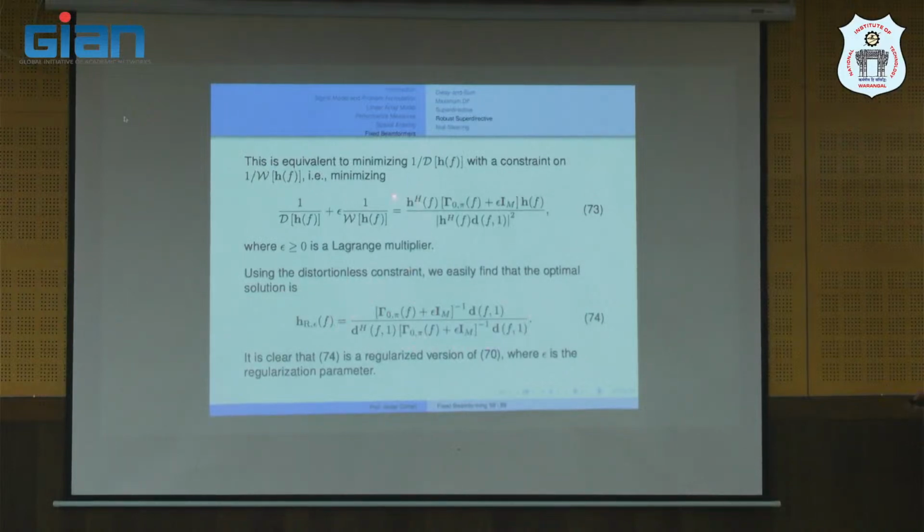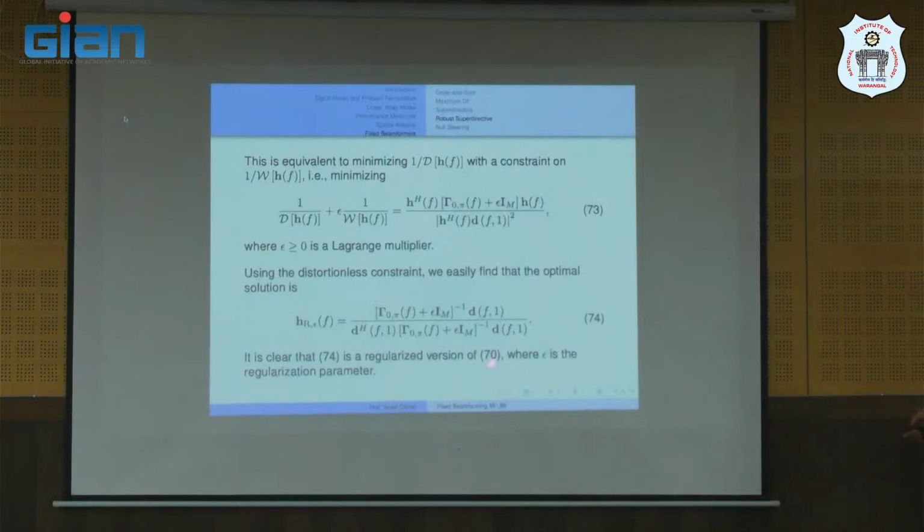You see, so what we did here, instead of minimizing the directivity or maximizing the directivity factor, or minimizing 1 over the directivity factor, and then here we have a matrix, this matrix. Now we replace this matrix by this matrix. So this is the solution. Straightforward.